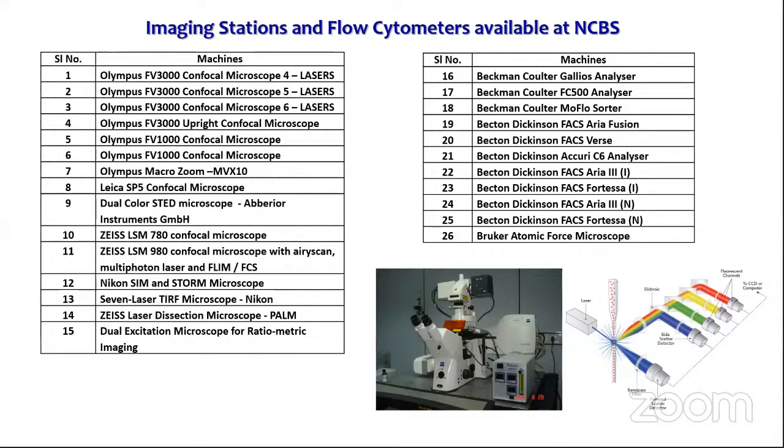But these are the very used systems. Apart from this, we have super resolution microscopes like the STED, the ARIScan, the SIM and STORM microscope, and of course the TIRF scope, and also a wide variety of flow analyzers as well as sorters.